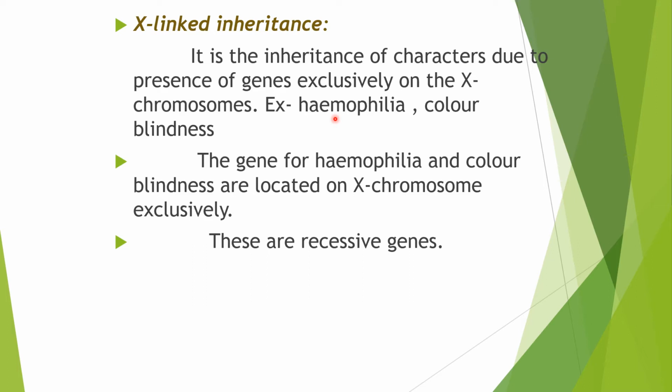First, the gene responsible for causing this disorder is located exclusively on the X chromosome. And the second thing you learned is that this gene is a recessive gene. That means it can only express itself and result in the manifestation of the disease in the individual when it is present in similar pairs.